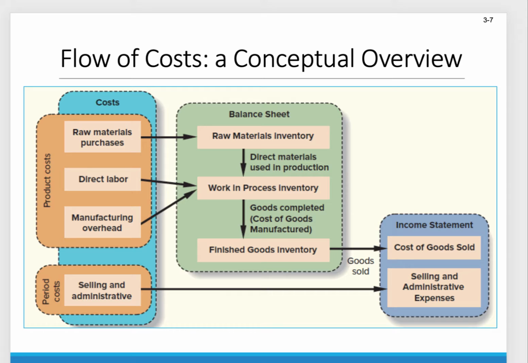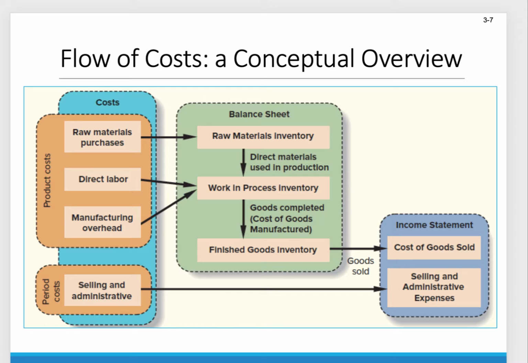Then we have our product costs: our raw material purchases, our direct labor costs, and the manufacturing overhead. Where do those go? Well, those travel a little bit. Raw material purchases always show up on the balance sheet under our raw materials inventory account. A raw material is nothing more than a material that goes into the final product.